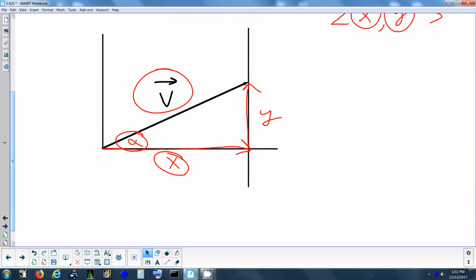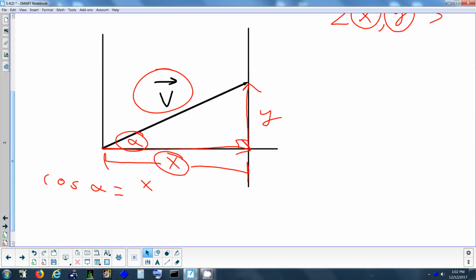What trig function do you think I could use here that would involve x and the side that's labeled v? Yeah, cosine. Because cosine is adjacent over hypotenuse. So the cosine of my angle equals adjacent. Now x is the length from here to here.